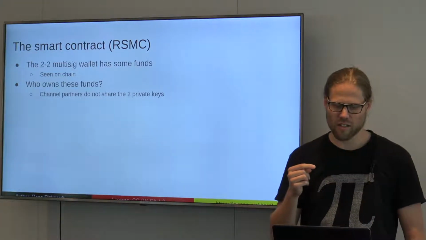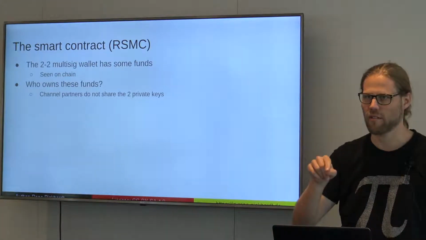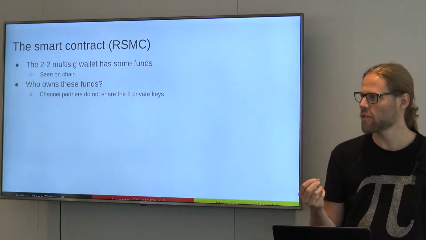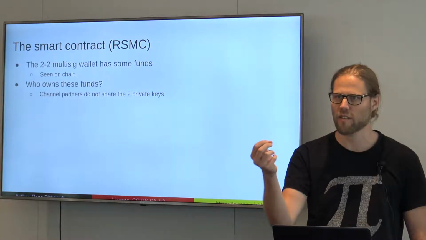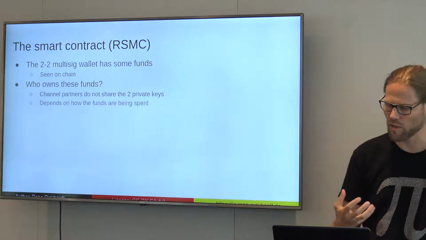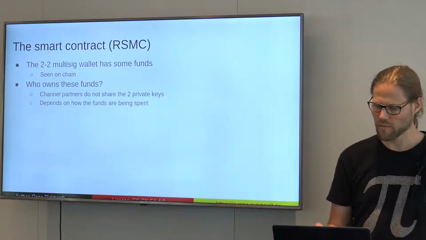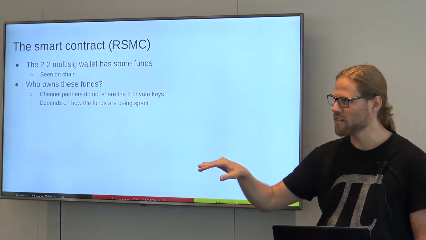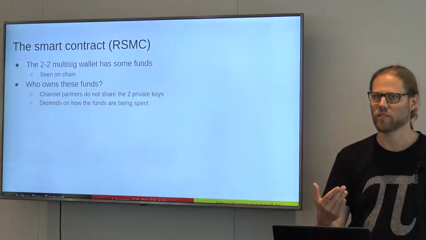So the channel partners do not share these two private keys with each other, right? Everybody just has one private key. So not a single person can access these funds right away. I always need to communicate with the other person in order to access these funds. And I would argue, depending on how we are spending these funds, this is how the funds are being owned.